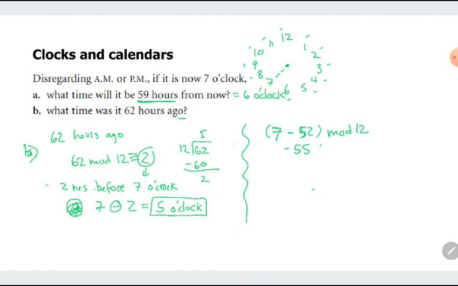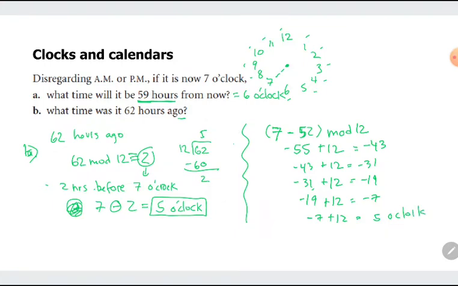So negative yung answer mo, you have to add 12 multiple times. So negative 43, negative 43 plus 12, negative 31, negative 31 plus 12, negative 19, negative 19 plus 12, negative 7, negative 7 plus 12, 5 o'clock. So maybe the process on the left is easier for you.